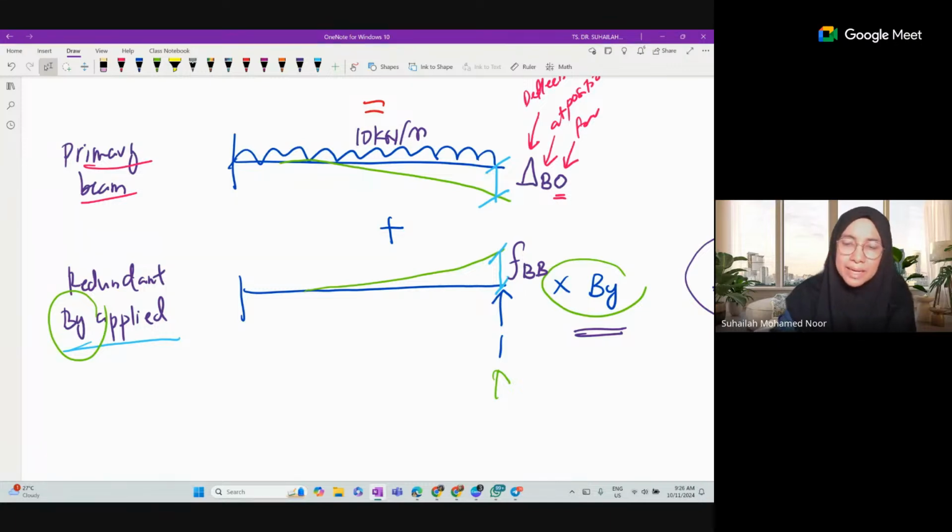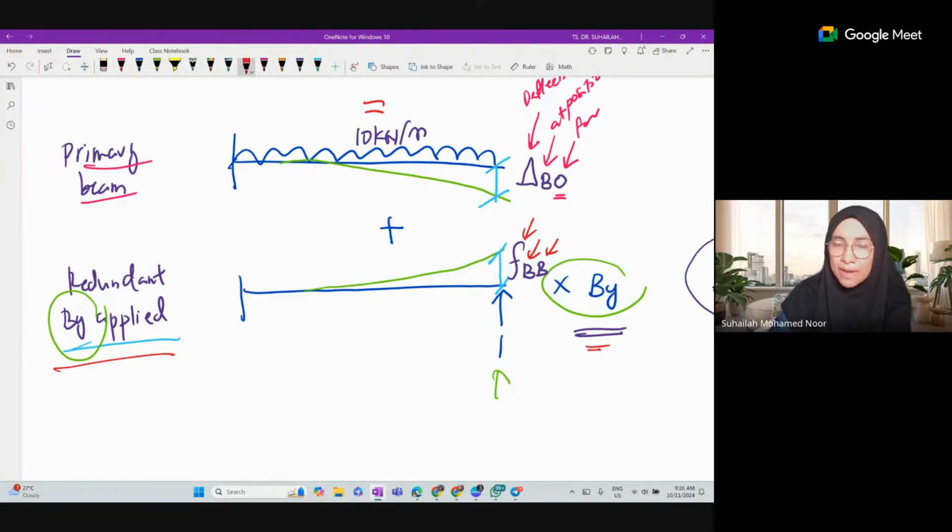Okay. So again, all these have meaning, right? F, what is F? F is the deflection due to a unit value. F is the deflection due to a unit value of BY at position B for the redundant beam.